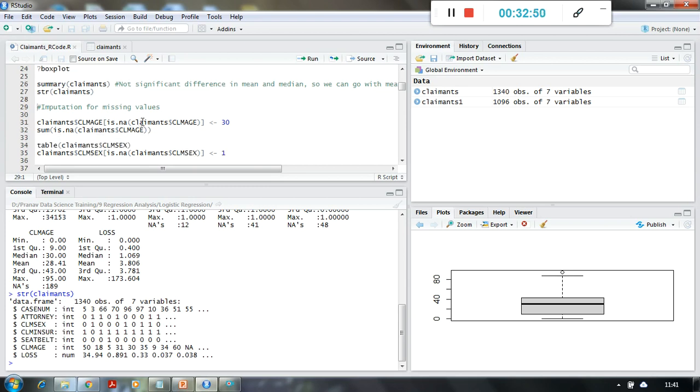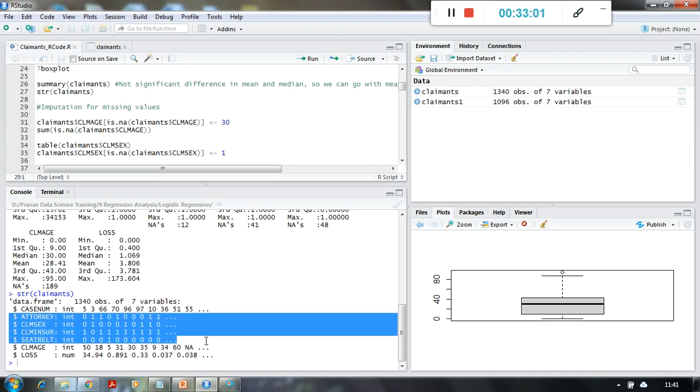Which means that we also need to change the data types for these 4 variables, because these are discrete variables, as we have understood.